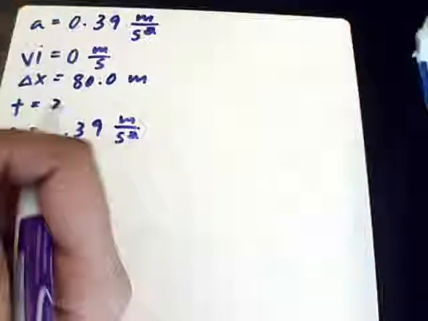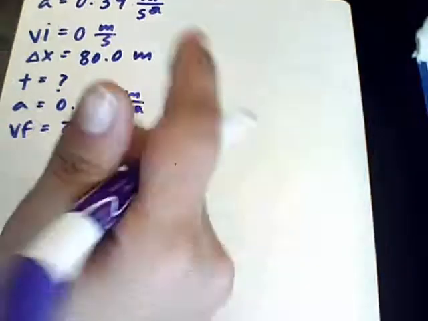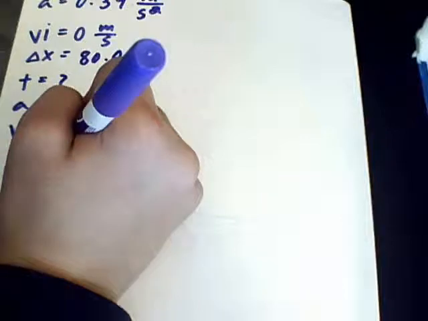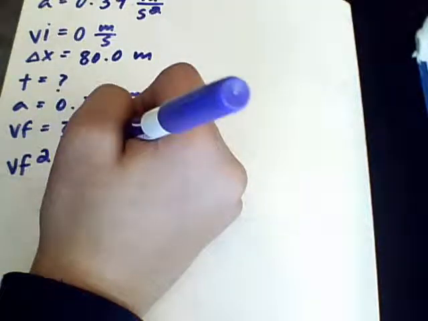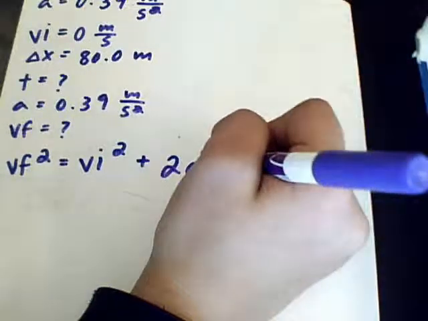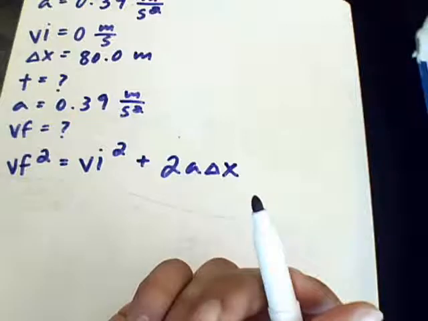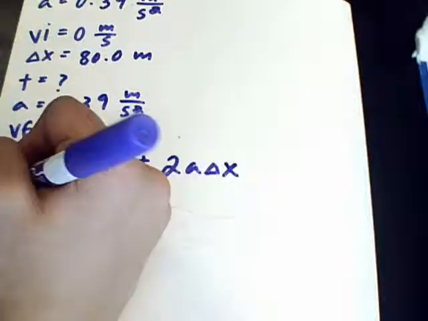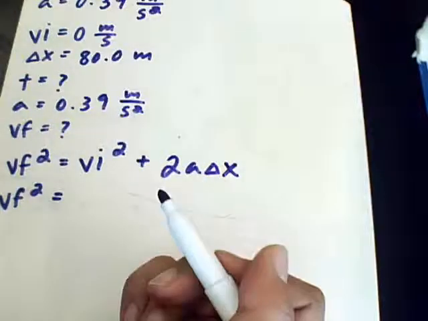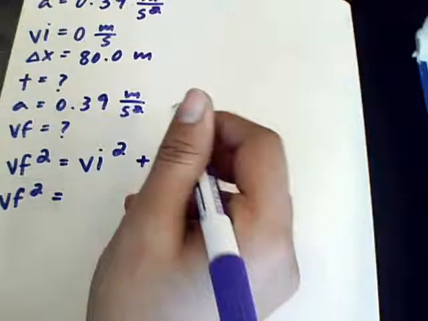So, out of the 4 equations we've been using throughout the semester, we are going to use this equation, the one equation that has all the components except for time. So we don't know our final velocity, so we're just going to keep it as that. Our initial velocity was 0, so I'm not going to even bother placing that.